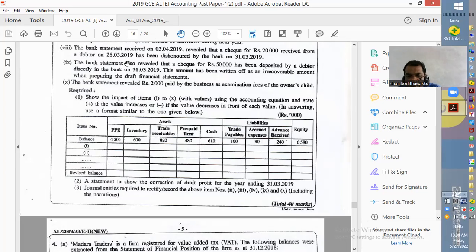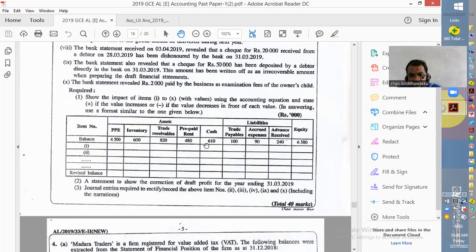Therefore, when you write off a debtor's value as bad debt, what do you do? You deduct it from debtors' value or accounts receivable and you deduct it under equity. Why? Because loss and expenses have a minus effect on equity. Here, again, they have got money. Therefore, we can take it as income. As you have got 50,000 directly to the account, you have an increase in cash. That is plus 50,000 under cash.